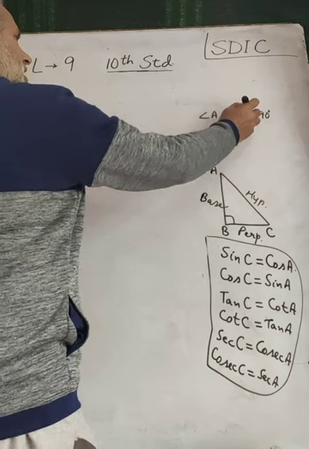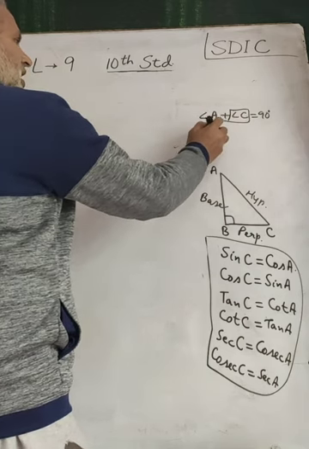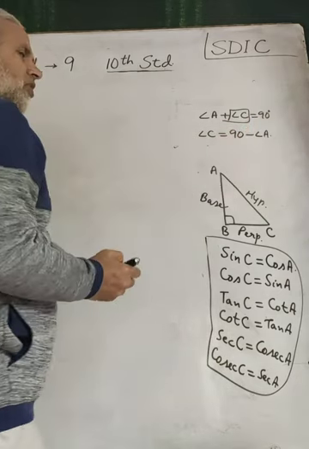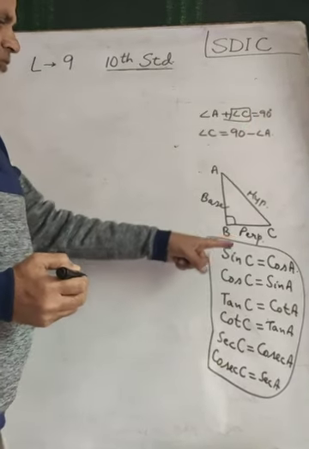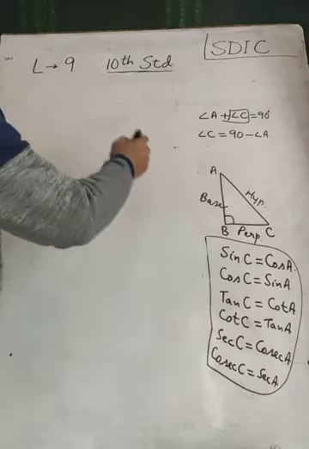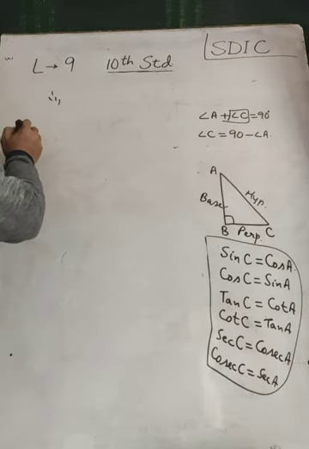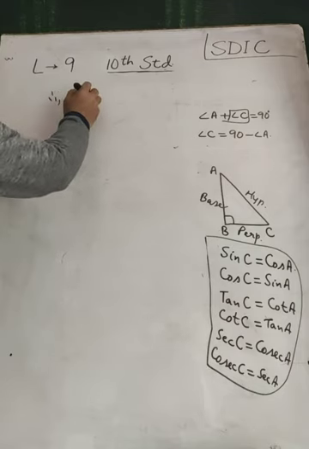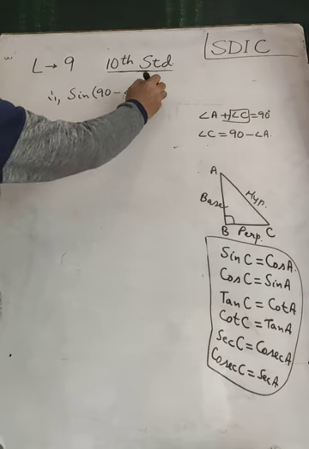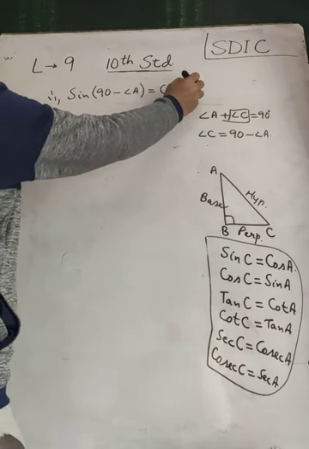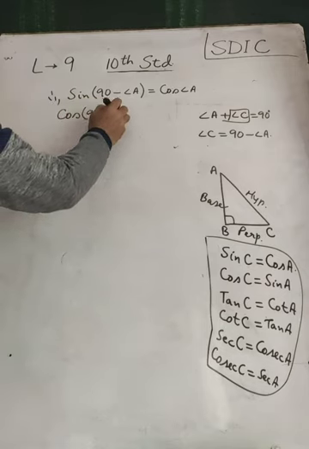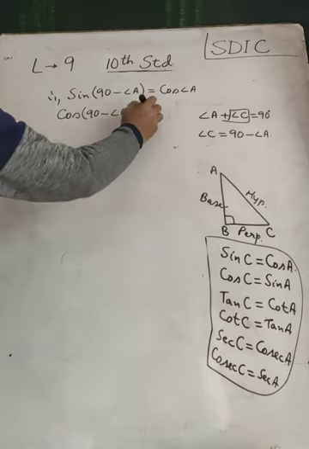From there we got angle C by transposing angle A. Angle C we got 90 minus angle A. This relation will replace angle C everywhere by 90 minus angle A. The relations will therefore become sin of 90 minus angle A is equal to cos of A. Then cos of 90 minus angle A is equal to sin of angle A.